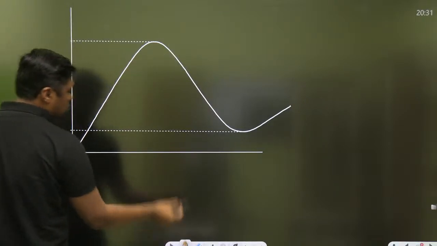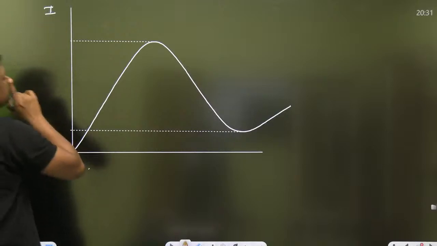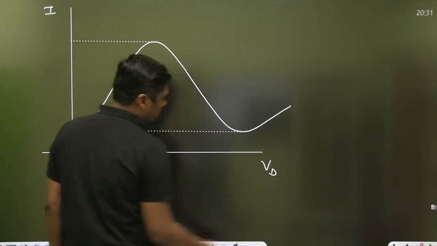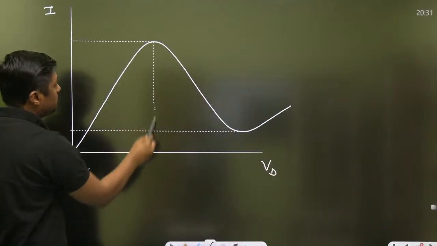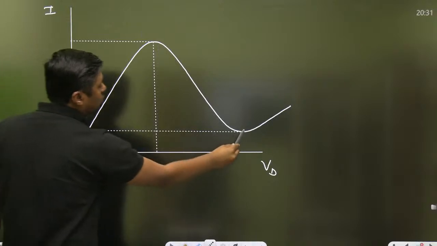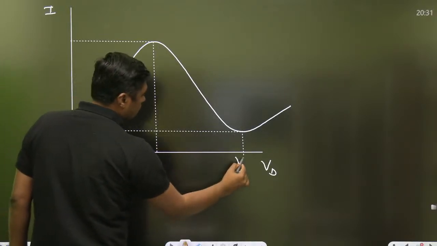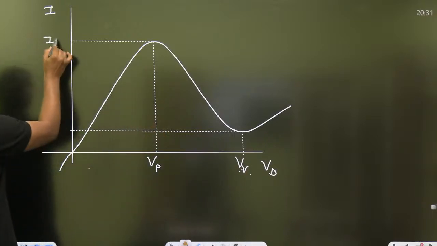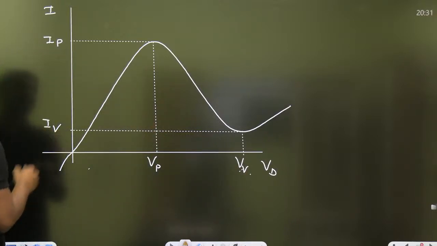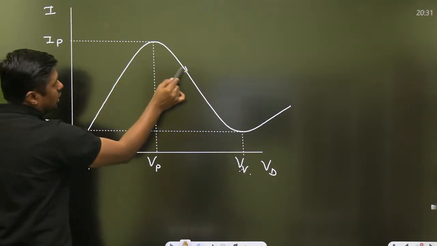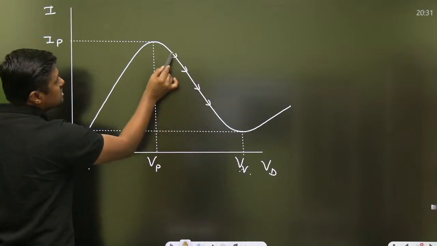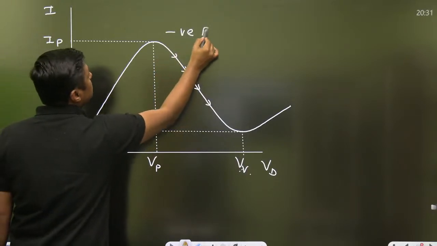This is the characteristics of tunnel diode. Drop across the diode. This is called peak point. That is called what? Valley point. This current is called IP. This current is called IV. And in this area, it will not follow the Ohm's law. And that is called negative resistance region.